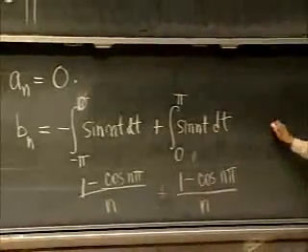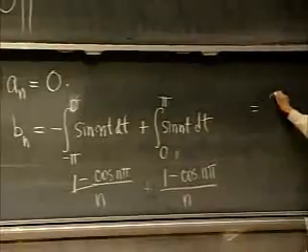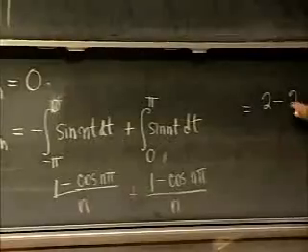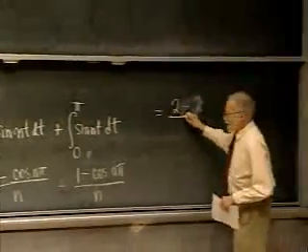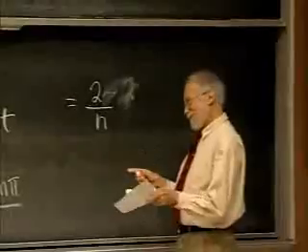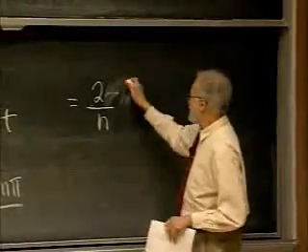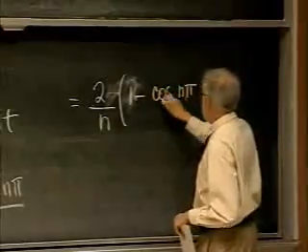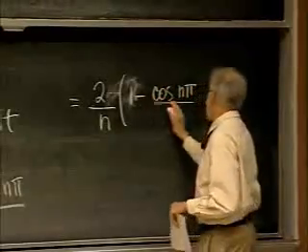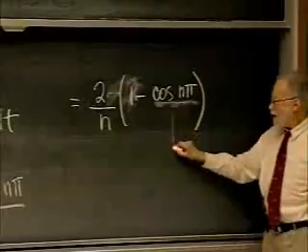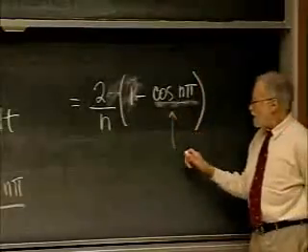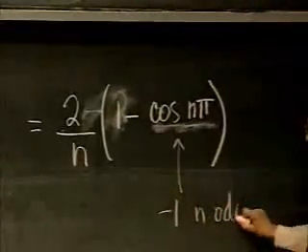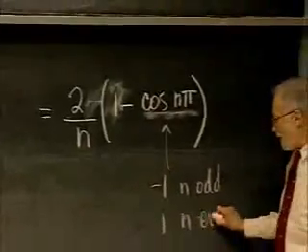And therefore, the answer will be 2 times 1 minus cosine n pi over n. Now, what's this? This is minus 1 if n is odd. It's plus 1 if n is even.